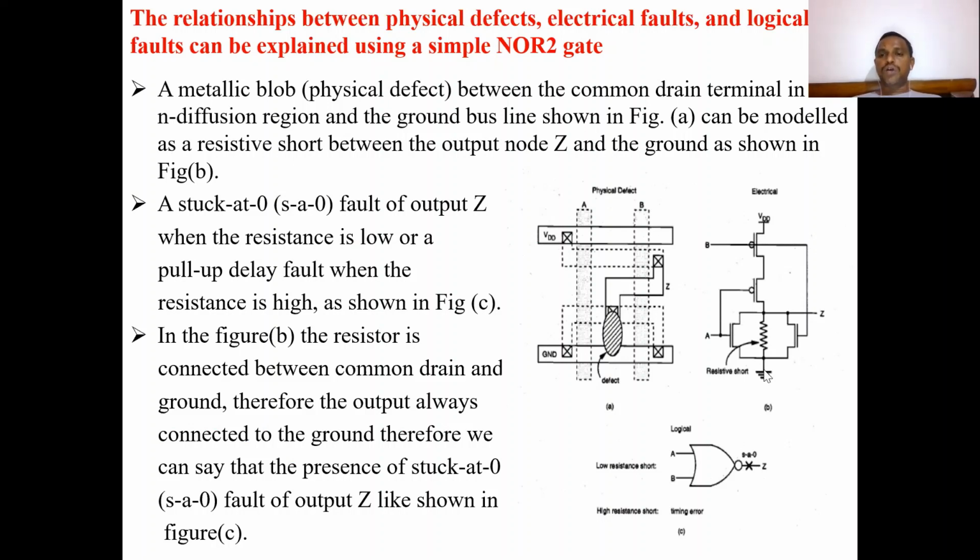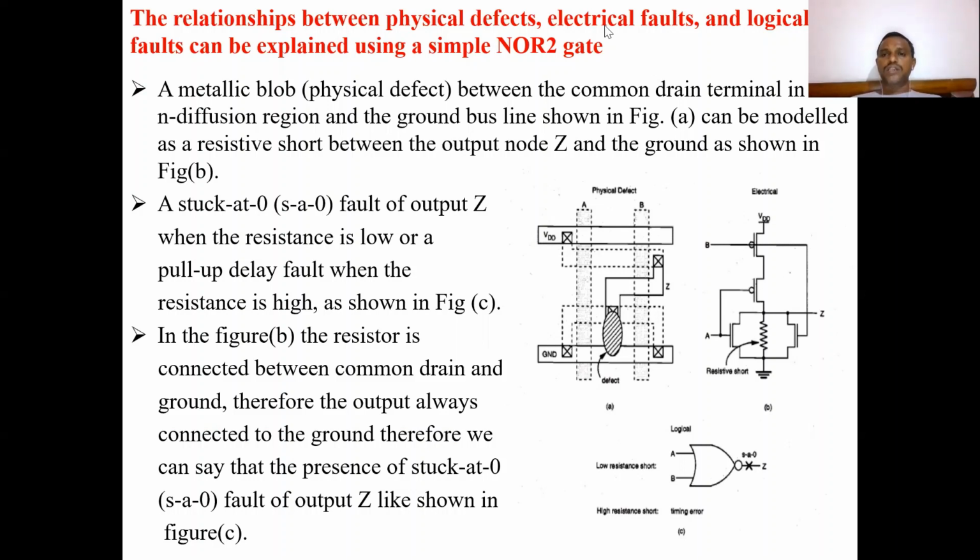Here, these two are PMOS transistors and these two are NMOS transistors. For a NOR gate, these two form the pull-up network, and these two we consider as the pull-down network. It is a two input NOR gate.